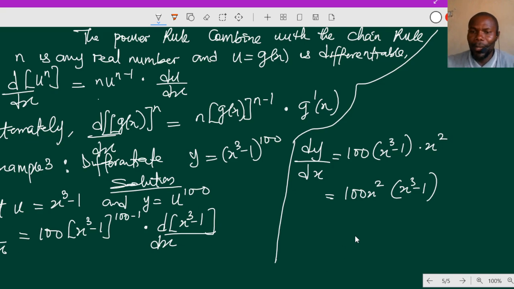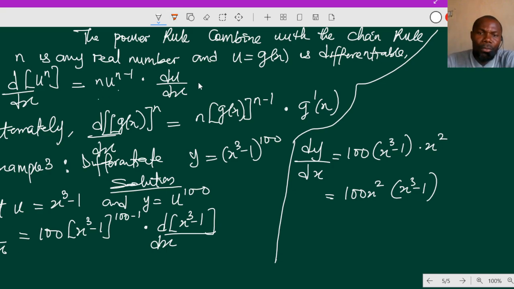So let me re-explain this, maybe you can get it better. He said differentiate y is equal to (x cubed minus 1) to the 100. Therefore, you let u be equal to x cubed minus 1, and y is equal to u raised to the power 100.